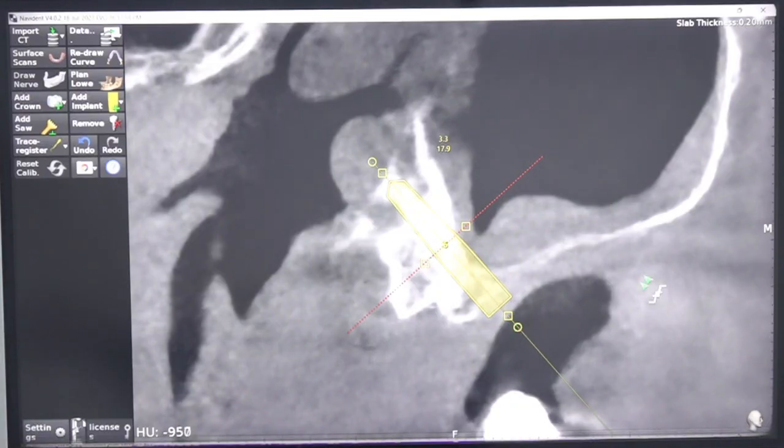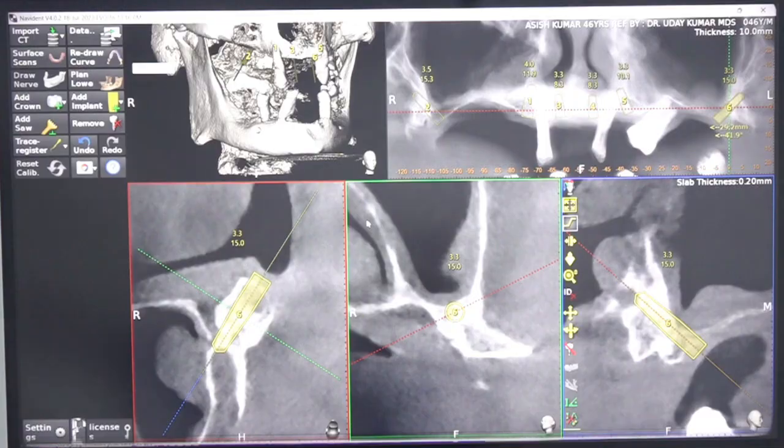Tuberosity is missing by crestal bone resorption. We have to start the drilling just in front of the hamular notch, about 6 to 7 mm in front of the hamular notch. Drill 4 to 5 mm, take an IOPA, make sure it is into the fusion zone, this area, and angulation, make sure it is medial.